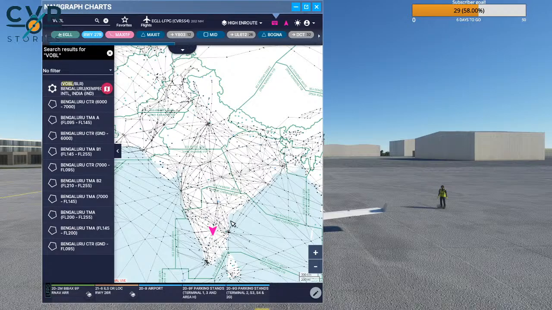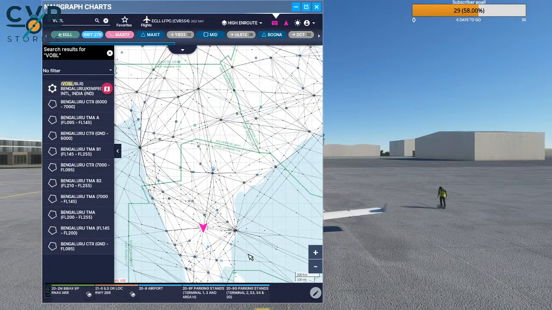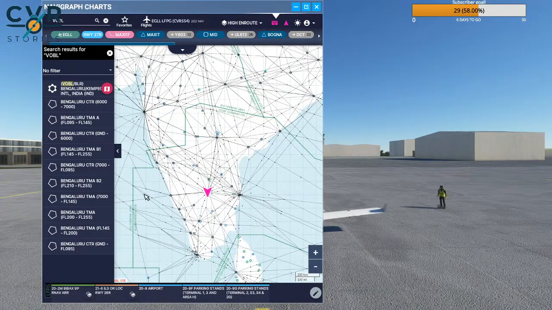So continuing on, right now we are in the Chennai FIR. Bangalore is situated in the Chennai FIR, and your airspace is divided like a cake, like an upside down wedding cake, right? At high altitudes, you are looked after by Chennai.